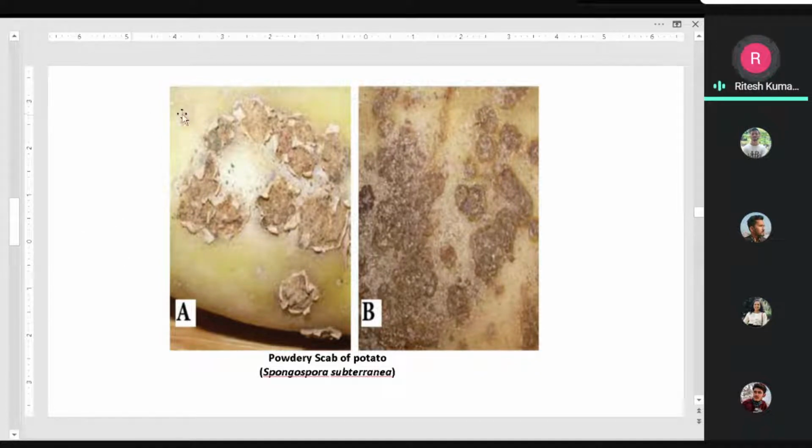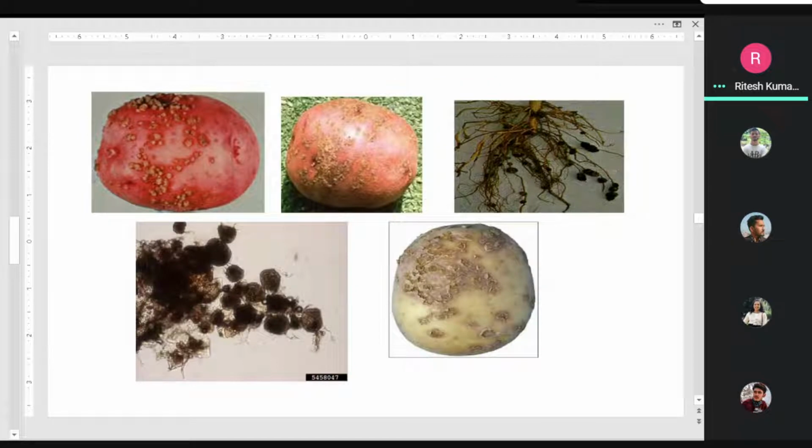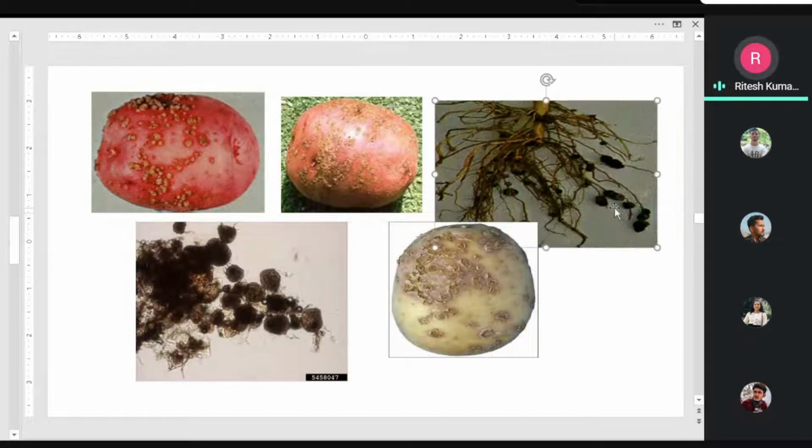So generally, this is favored by acidic soil conditions, cool and humid, wet soils. But in case of common scab, it is favored by alkaline soil conditions. So sometimes some small hypertrophied areas may also be seen.